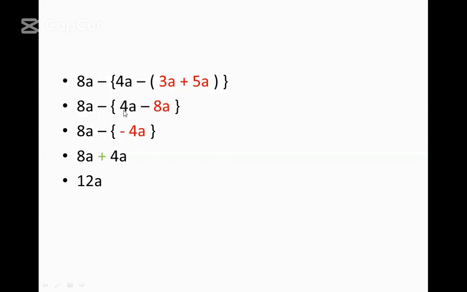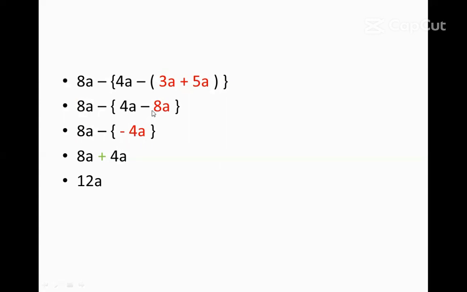Now look at the coefficients. This is 4 and this is minus 8. Now we will subtract 4 from 8, that is equal to 4, and we will put the sign of the bigger number with the term.